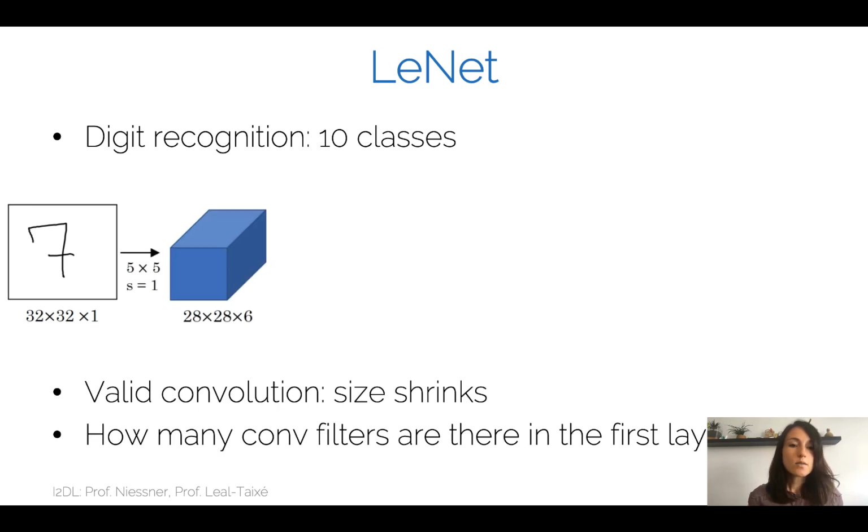In this case, what the architecture is doing is applying, first of all, a valid convolution, so there is no padding. You see how the spatial resolution is reduced from 32 by 32 to 28 by 28. We're using 5 by 5 kernels, and you can infer this by looking at how much the spatial size has been reduced.